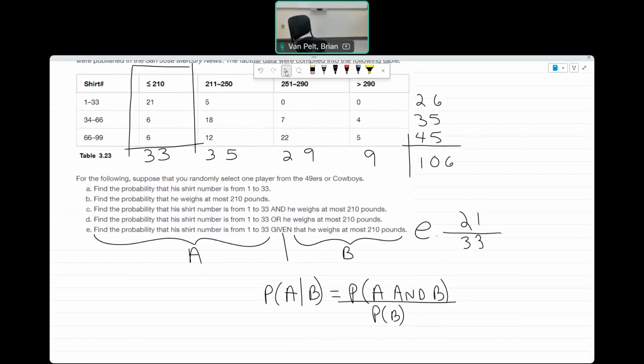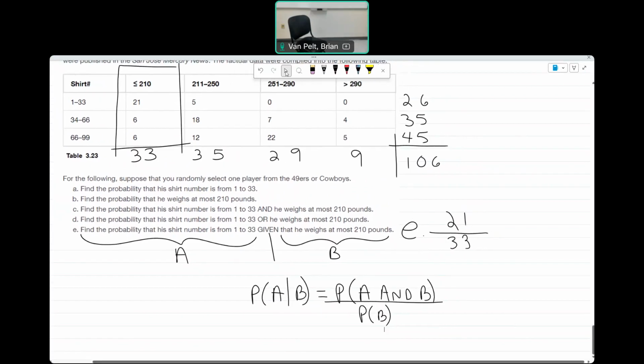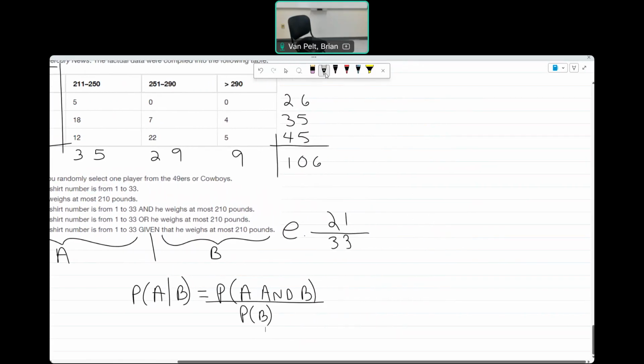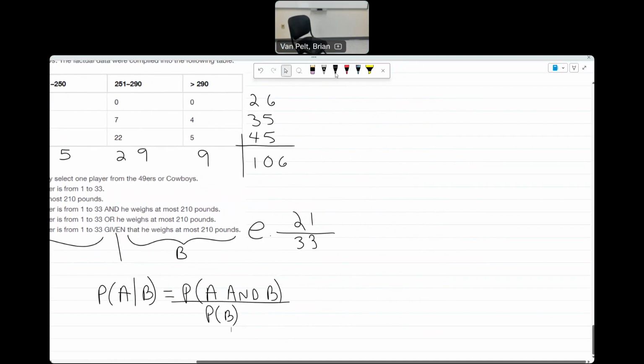Can you tell me all those people who have a shirt from 1 to 33 that's at most 210 pounds? What block are they talking about? That 21 block. So how many people are on this whole table? 106?